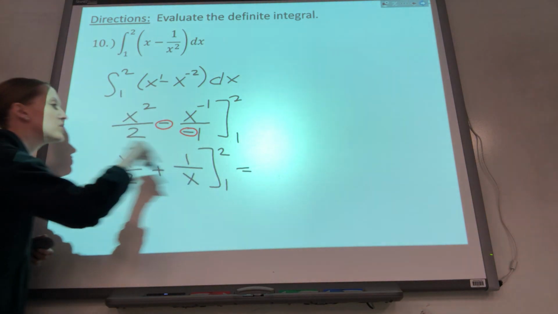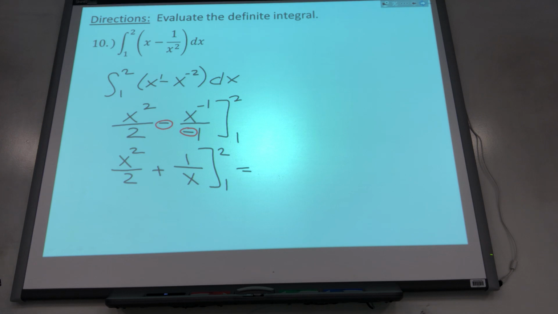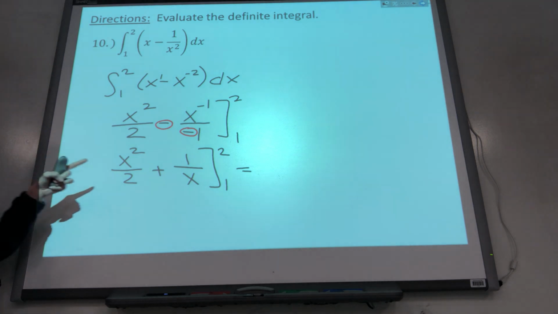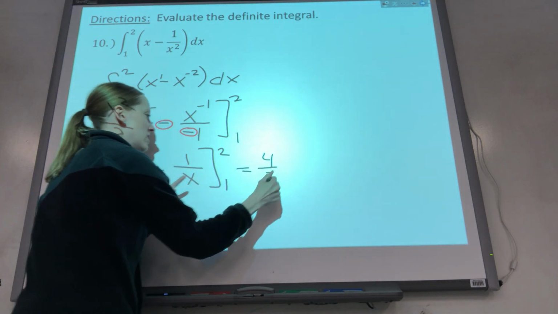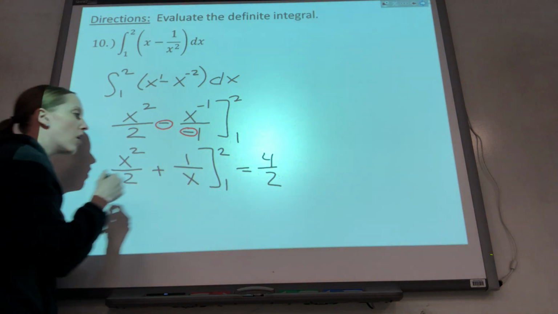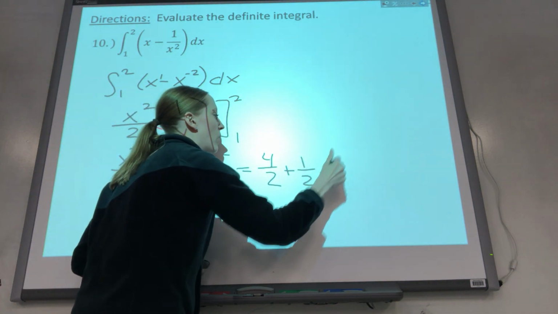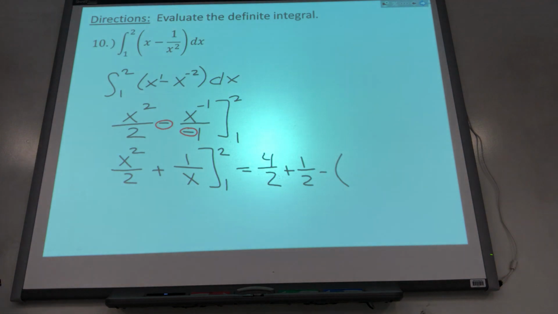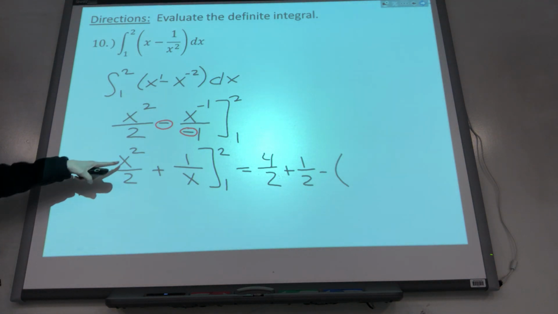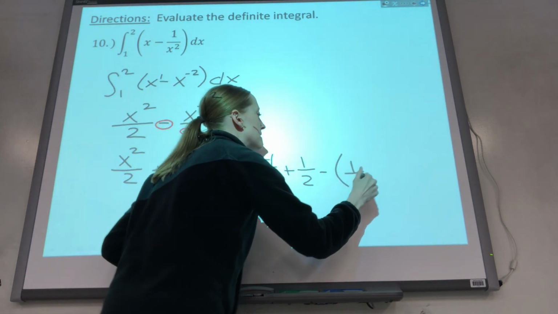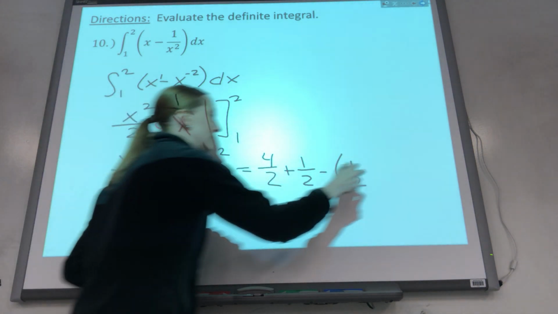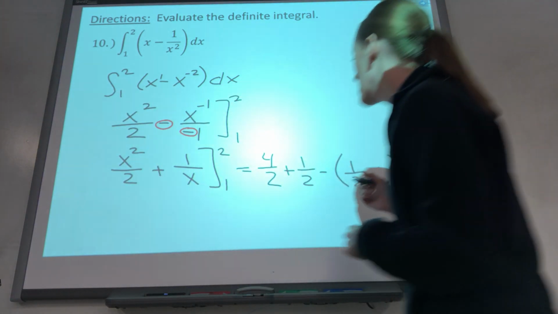So which number do we plug in first? The 2. Yep. So I get 2 squared, which is 4 over 2, plus 1/2, minus, I'm going to plug in the 1 now. In parentheses, I'll put 1/2 plus 1.